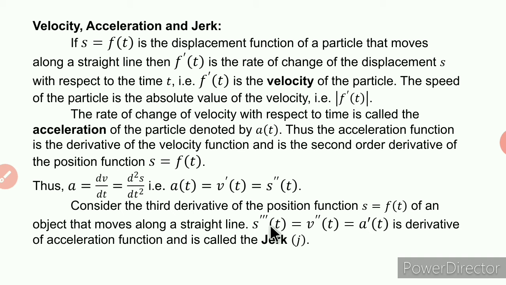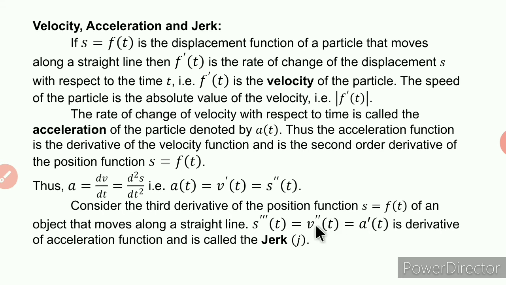Triple derivative of displacement. So the derivative of acceleration is the jerk, and it is denoted by small letter j. See here, derivative of acceleration is the jerk, and derivative of acceleration means double derivative of velocity.